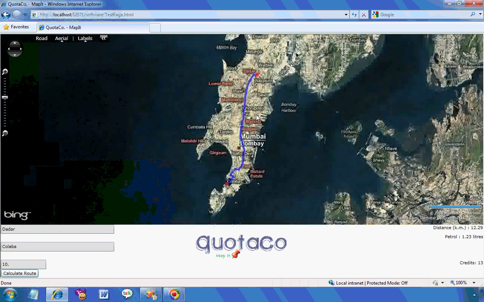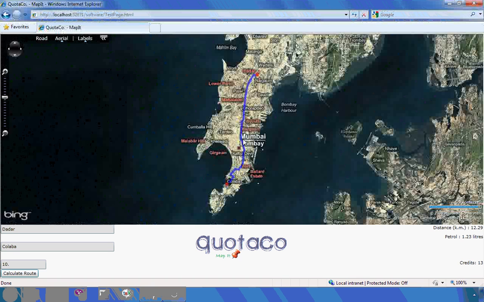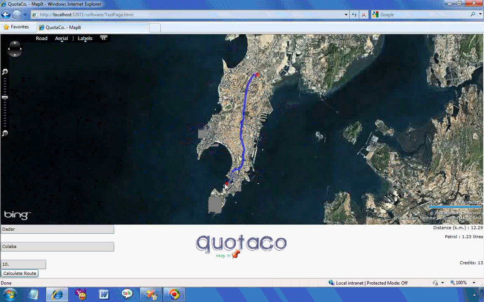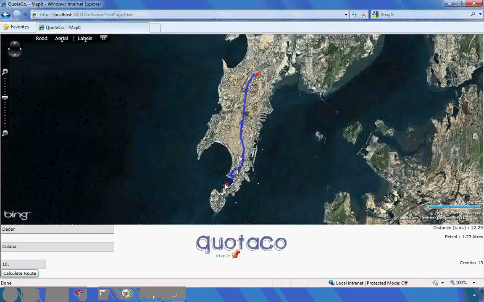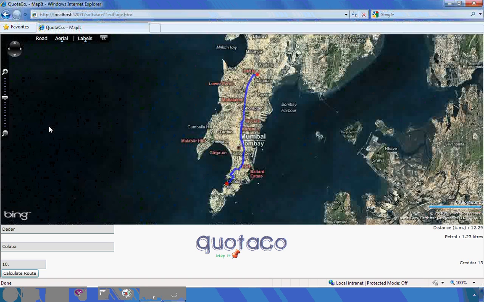So this gives me a bird's eye view of the route I need to take, which is advised to me as the shortest route between these two stations, Dadar and Colaba.